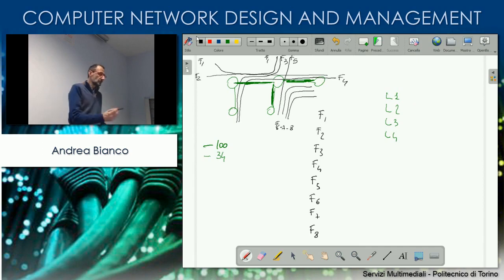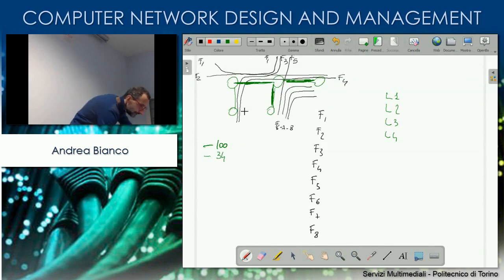Okay? And indeed, if you do the computation, you will see that the first link that saturates is exactly link 1, which has only 34 megabit per second capacity, shared by only two flows, and you would assign to these two flows 17 megabit per second.